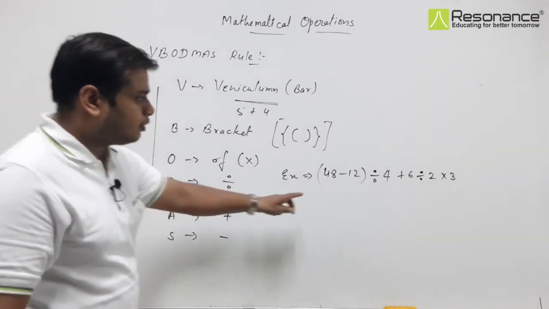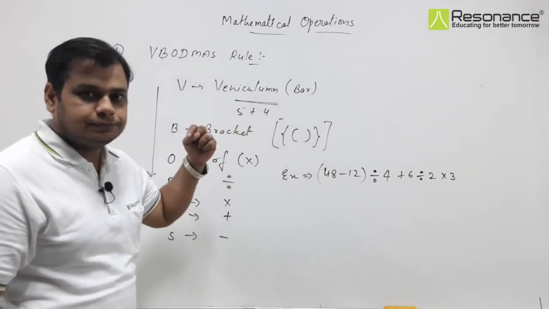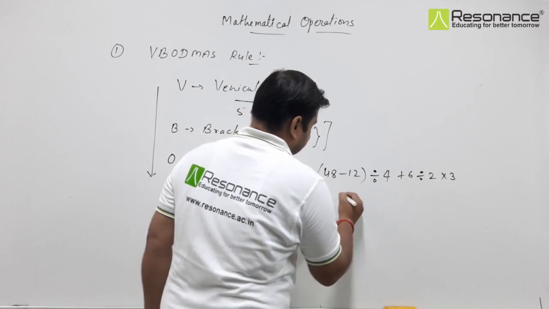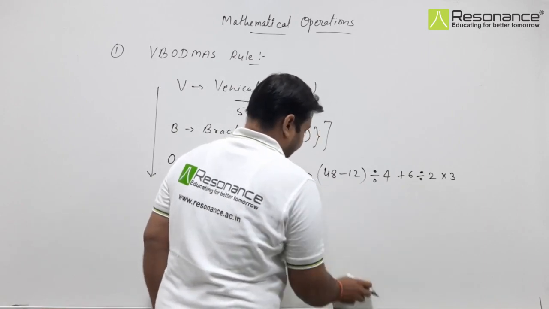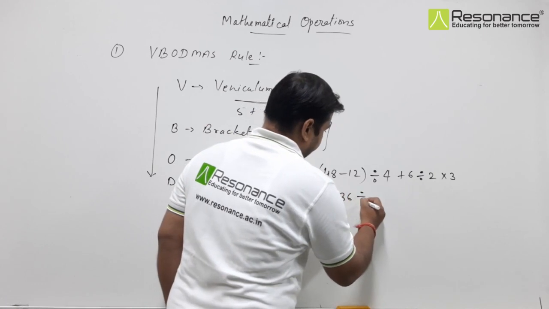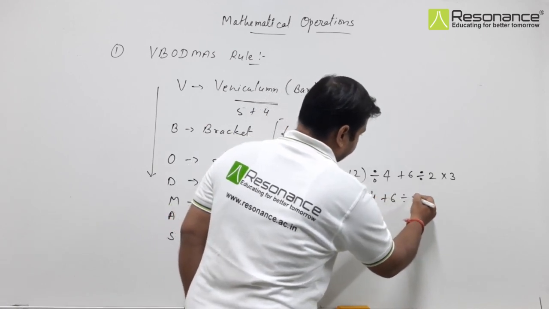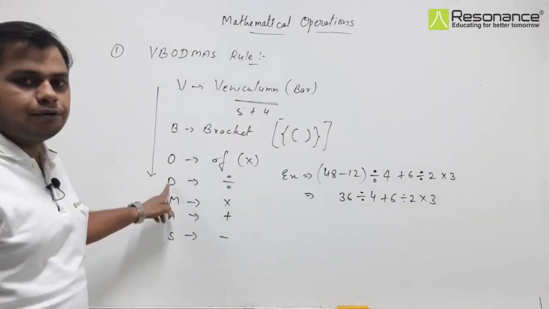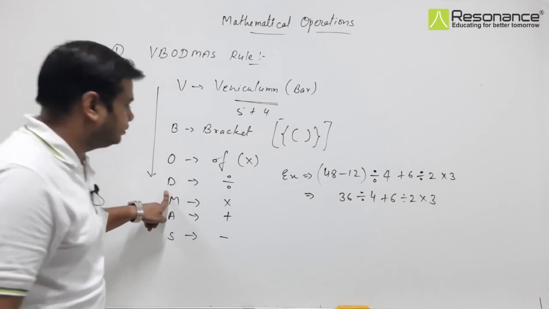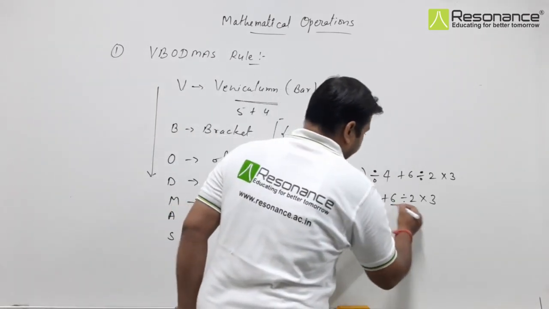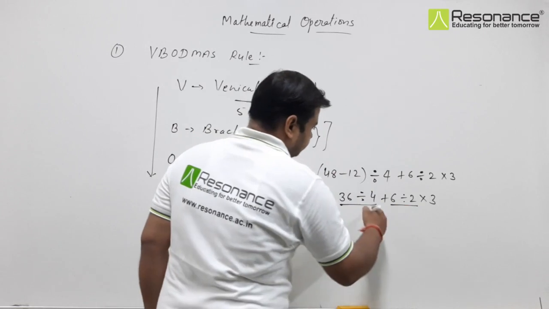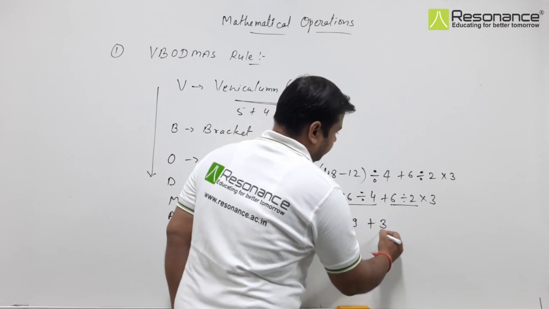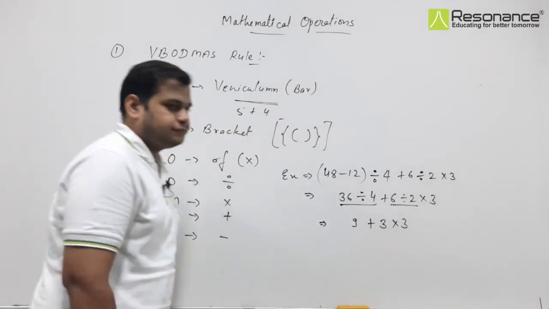So first of all we will solve the bracket because we do not have vinculum here. 48 minus 12 is 36, divided by 4 plus 6 divided by 2 multiplied by 3. The bracket is completed, we do not have of, so now we have to solve division. 36 divided by 4 and 6 divided by 2. 36 divided by 4 gives us 9 and 6 divided by 2 gives us 3, multiplied by 3.